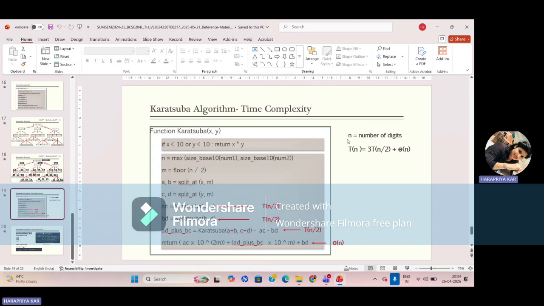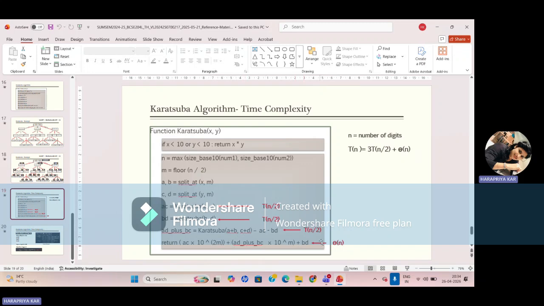This is your time complexity. Suppose we take a function with two variables x and y and assign values. If x is less than 10 or y is less than 10, return x times y. This is the formula. Then n is the max of size base 10 number 1 and size base 10 number 2. I already mentioned this, but you can analyze it again.